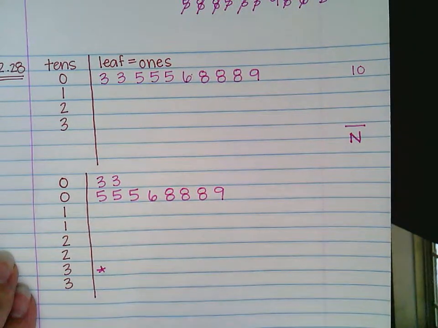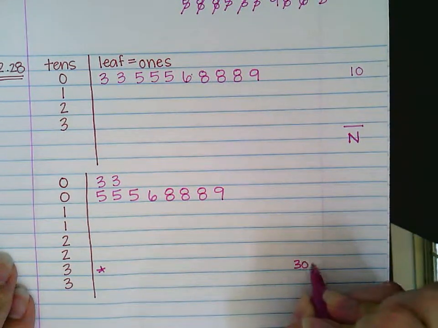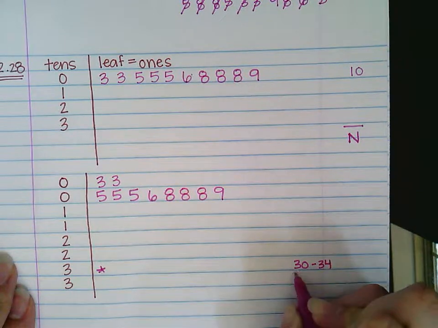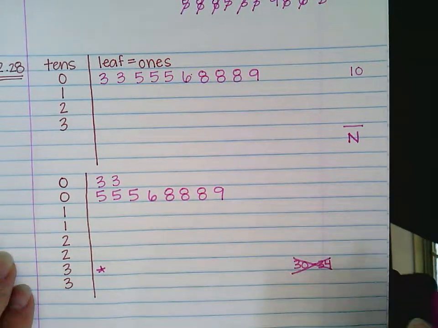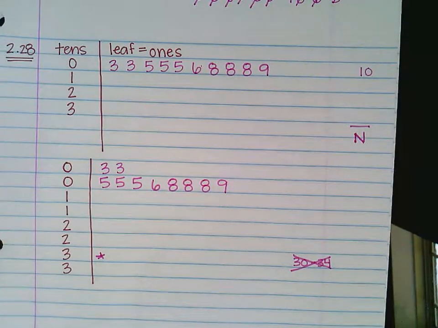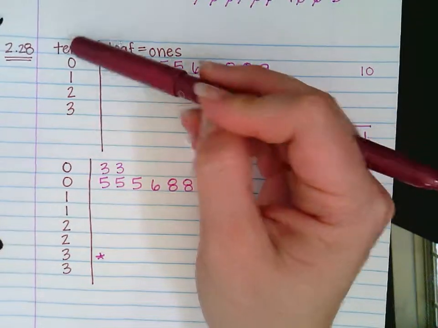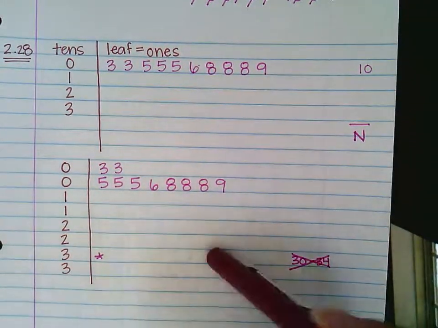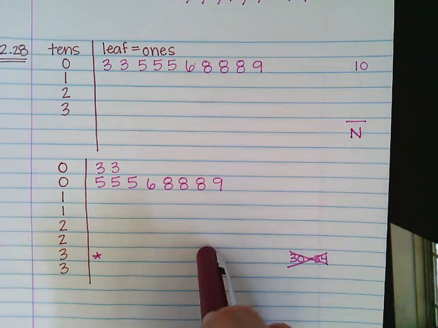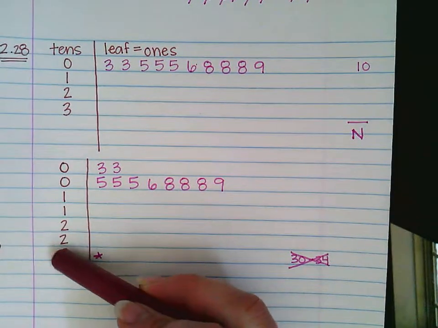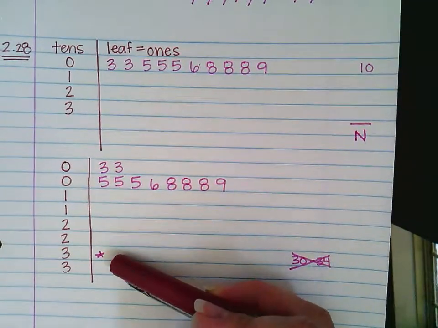There are no numbers 30 through 34 in the data. They're not there. So it's okay to have blanks. That's why it's important when you make these to make your tens like domain first, like it's a number line, then go fit the data to it. Because you don't want any skips in your number line. You want to be able to look at it.